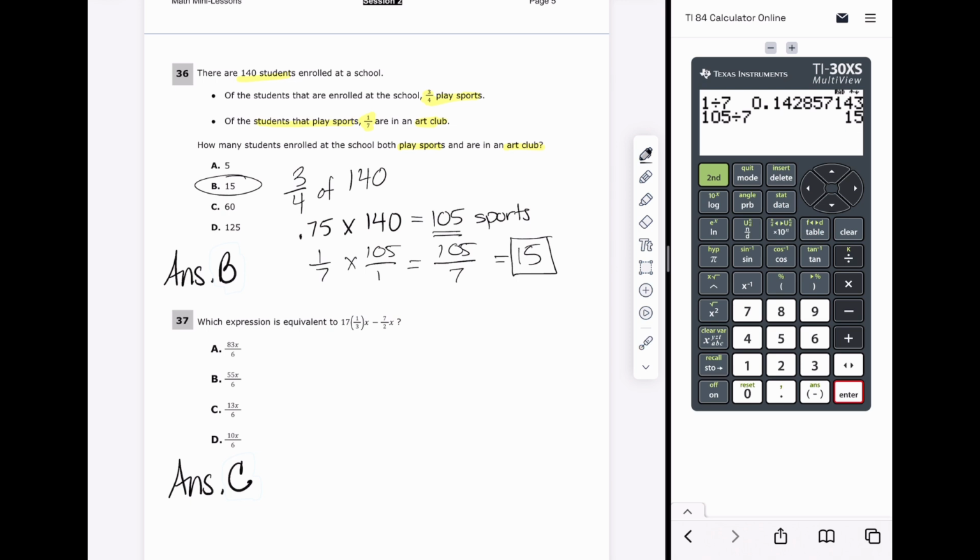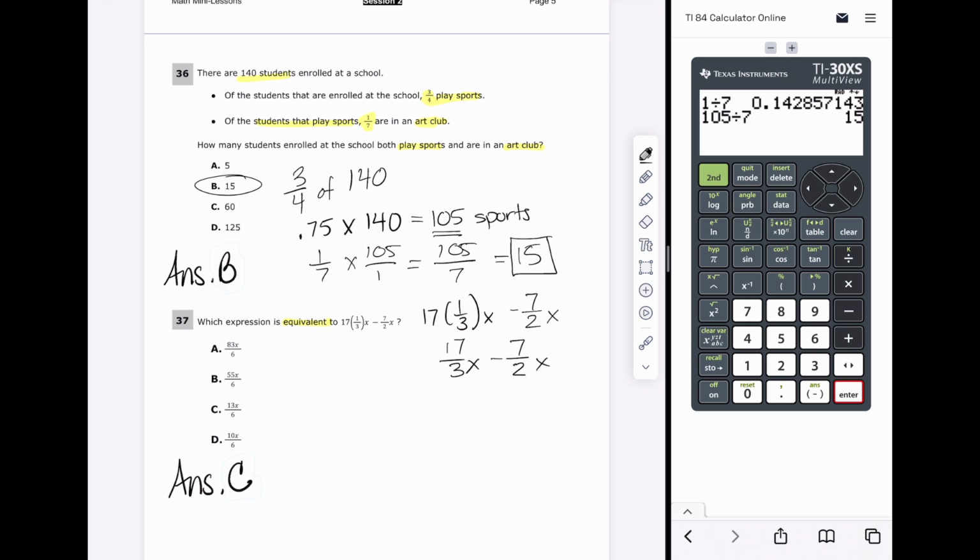Let's go to the next one. Which expression is equivalent to this lovely expression right here? 17 times 1/3 x minus 7/2 x. All right, so we're going to start by just distributing. So I have 17/3 x minus 7/2 x.